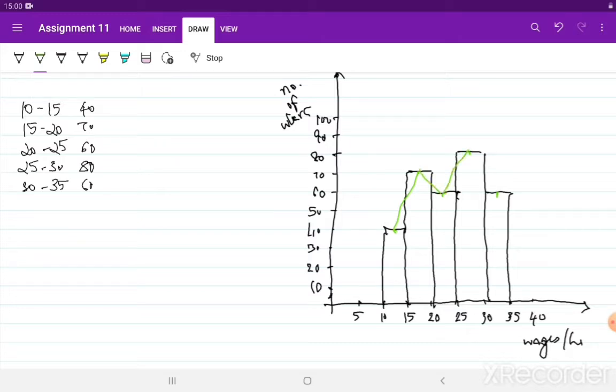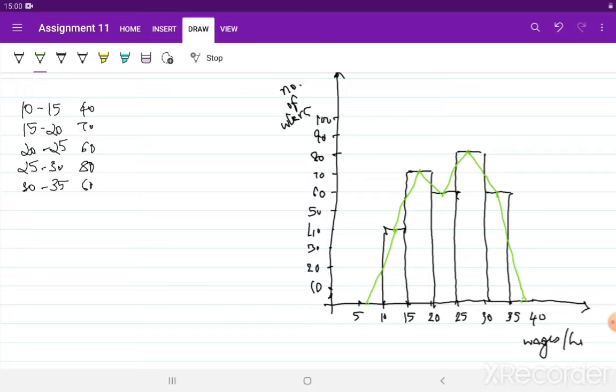Remember, use a scale, so you'll get neat straight lines. And you join it to the base, to the midpoint of the class interval before 10 to 15, and join it to the base on the right hand side to the midpoint of the next class interval, which is 35 to 40.